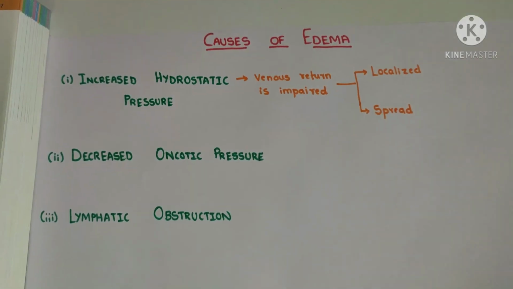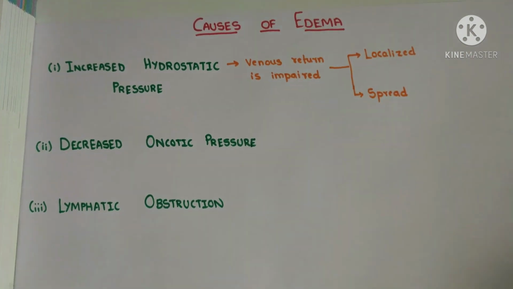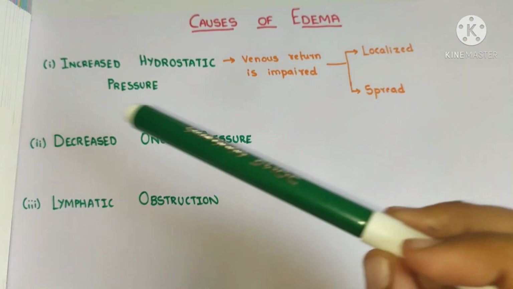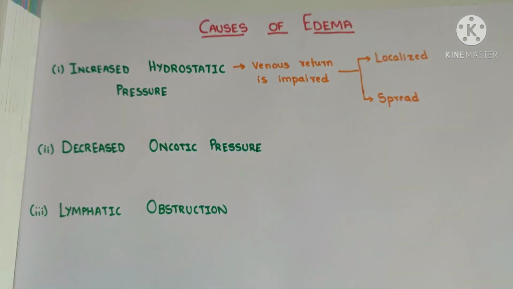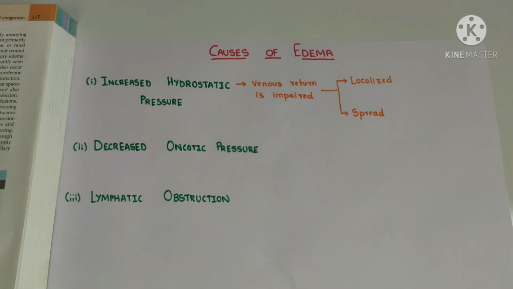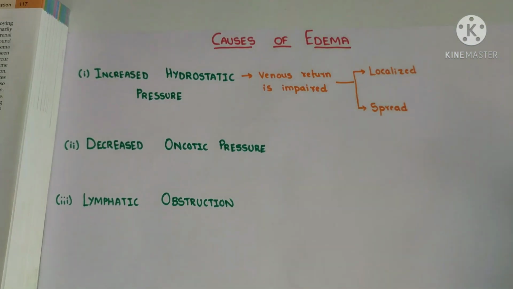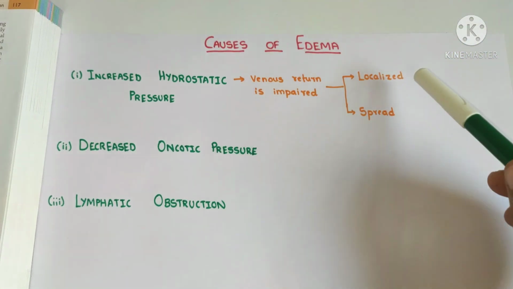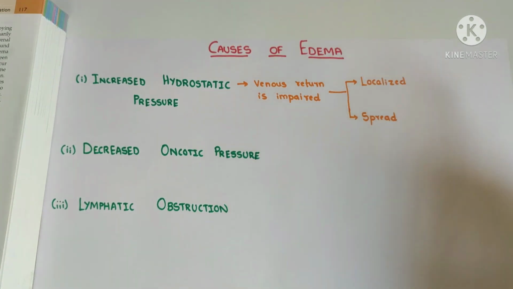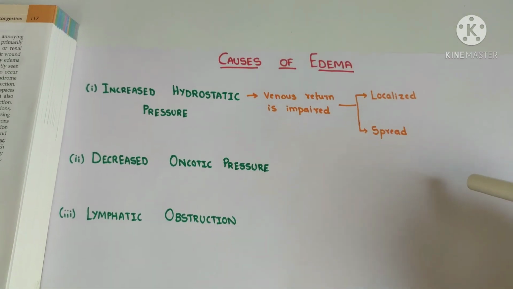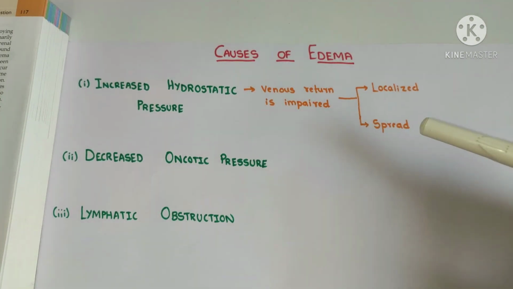Let's look at these causes in a bit more detail. How does increased hydrostatic pressure occur? It can occur when there is impairment in venous return. See, venous return can be impaired locally or at a large level and spread. For example, when there is thrombosis formation in a particular vein, there is obstruction at that level only. So, edema will be localized.